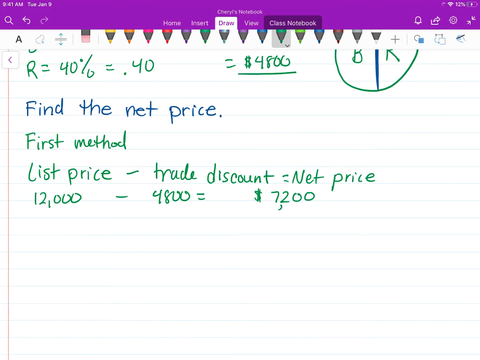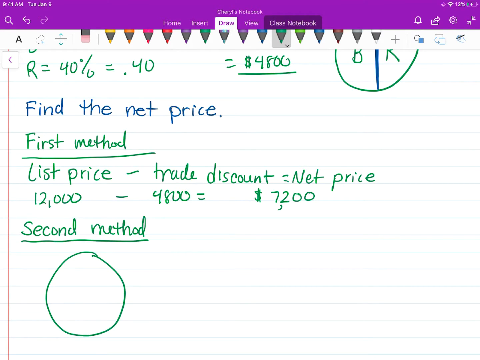Now the second method that you could use is to think about the circle again. We have portion, base, and rate, and what we're trying to find is the net price. The net price is a portion of the list price, so the net price is going to be the portion.